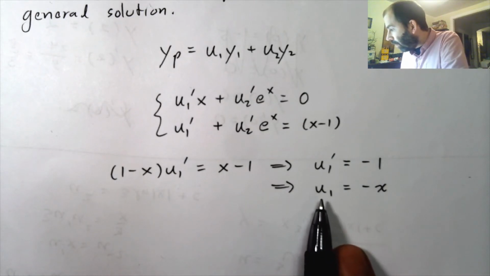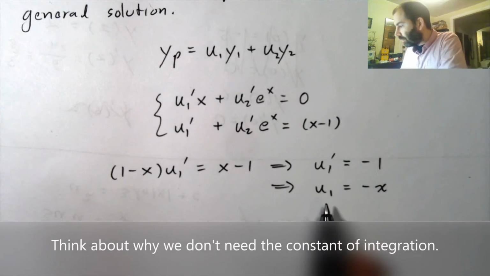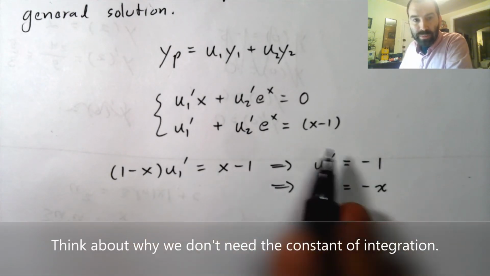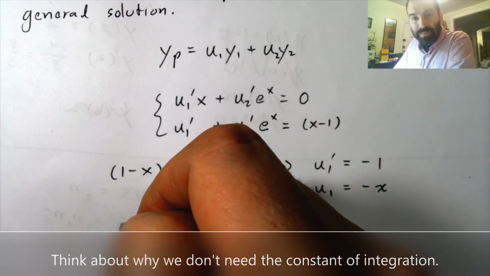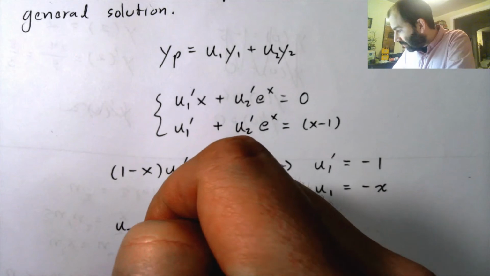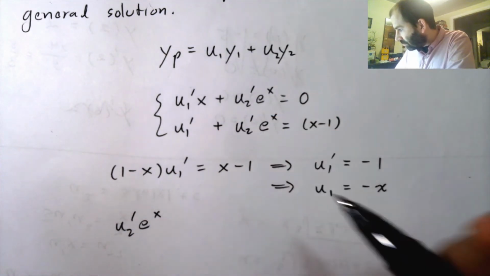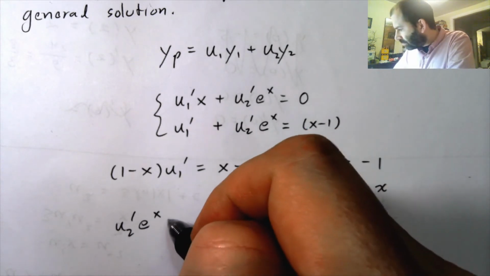Now that we have u1, we can use that to get u2, right? So we can just plug this in up here. Plug this one in, plug that one in right there. And so we see that that second equation becomes just this.